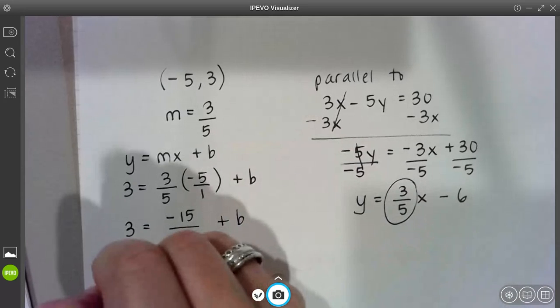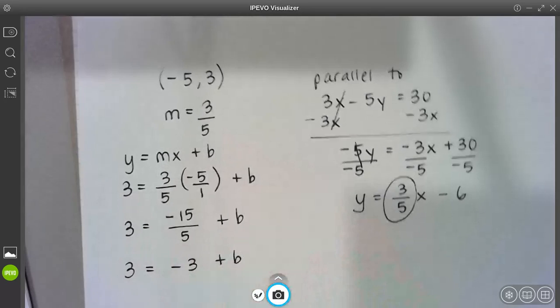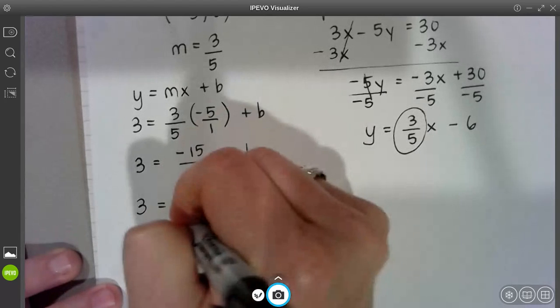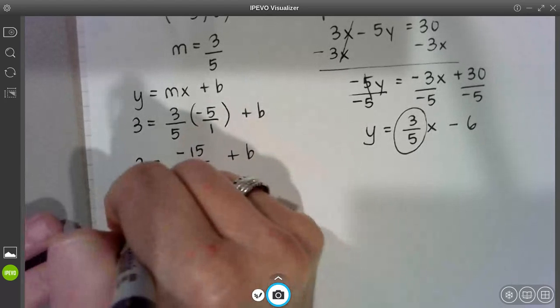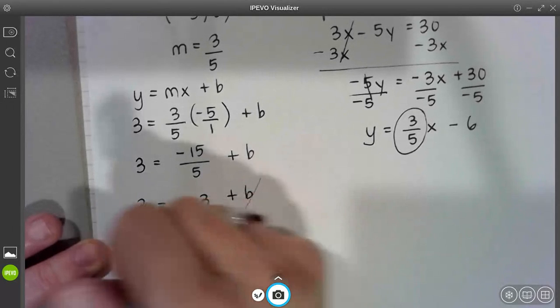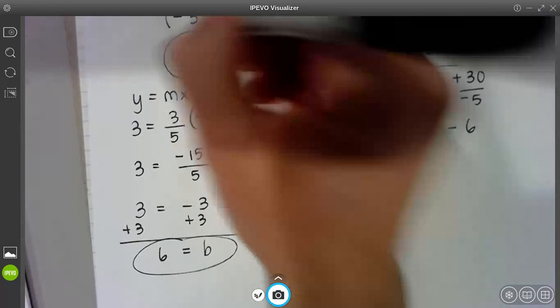So we're going to rewrite that as 3 equals -3 plus b. All right, the only thing we got to do to get b is add 3 to the other side. And b is 6. So now we have a y-intercept, we had a slope, we plug them in, and we're done.